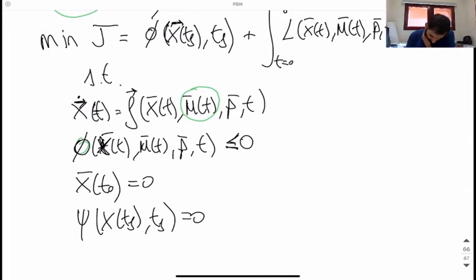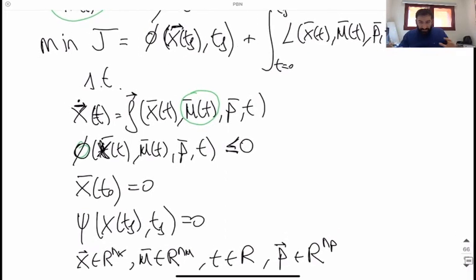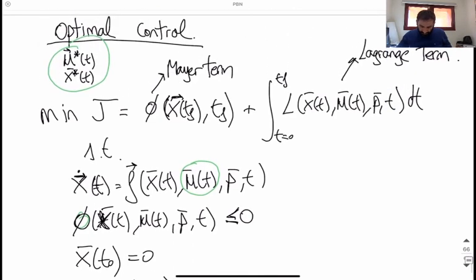And basically x belongs to the reals, u belongs to the reals, time is a real, and the parameter belongs to parameters with which we can model the problem. It can be, I don't know, the parasitic coefficient of drag, the induced coefficient of drag, gravity, and so on and so forth. Well, this is an optimal control problem definition.